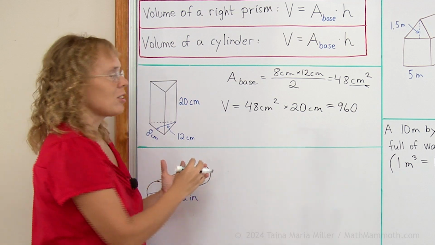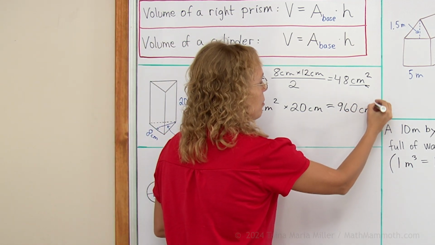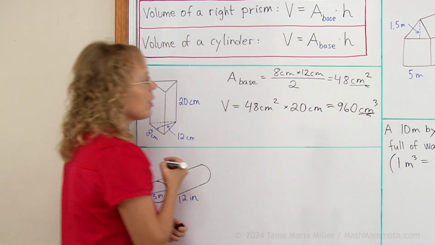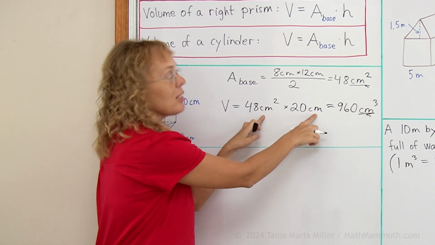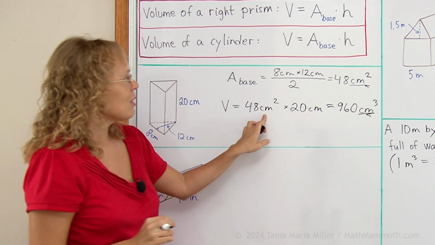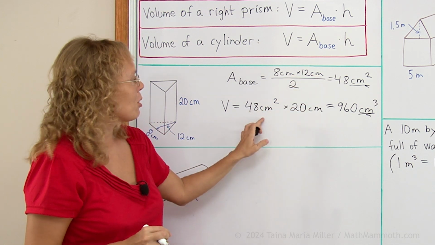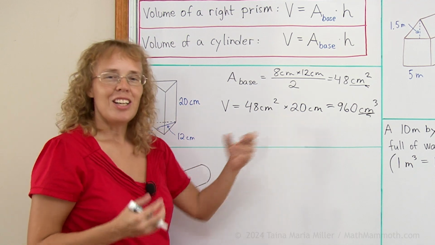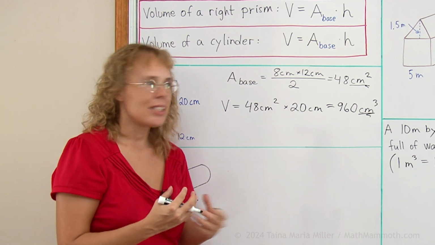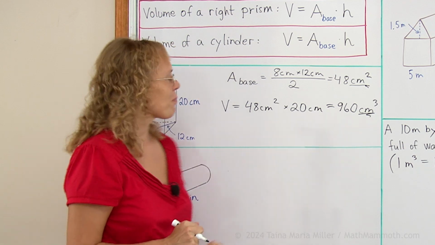It's volume, so we have to have cubic units in our answer, and this time cubic centimeters. You can also see it from here because we have square centimeters times centimeters. Square centimeter itself is centimeter times centimeter. So we have here centimeter times centimeter times centimeter, or centimeter multiplied by itself 3 times. So centimeter cubed, cubic centimeter.